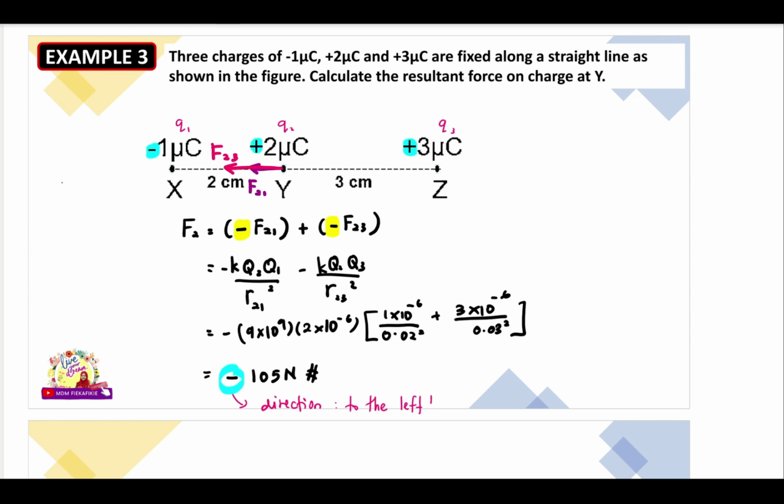Ataupun kita boleh tulis direction dia adalah towards point X. Boleh so magnitude dia adalah, direction ni kita dah tulis tadi. Magnitude of the net force, so F2 is equal to 105 Newton. Okay, kalau kita nak include sekali dengan direction, dia adalah negative 105 Newton.